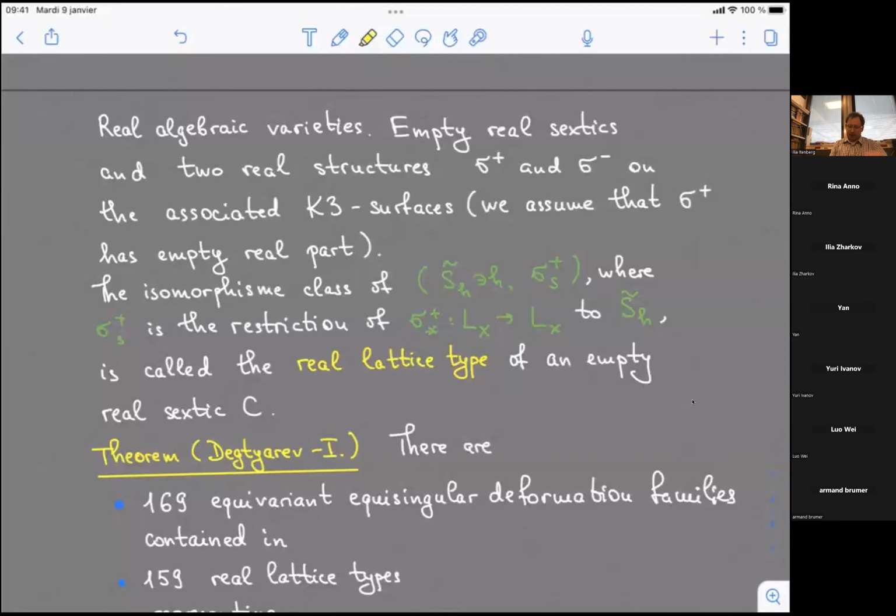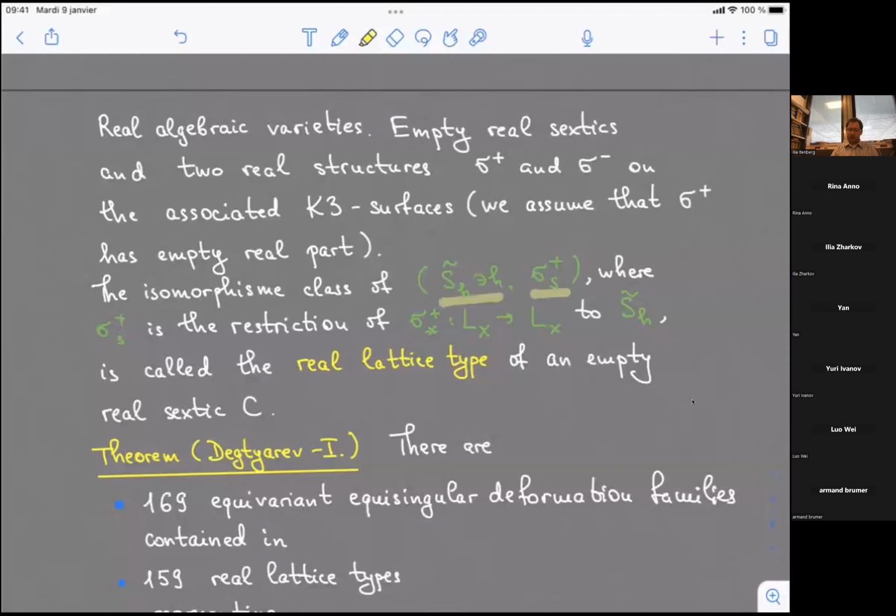Then I can look at the complex lattice type of my sextic, and I can add this additional information. I can add the restriction of the involution induced by sigma plus on the second homology, restriction to SH tilde.